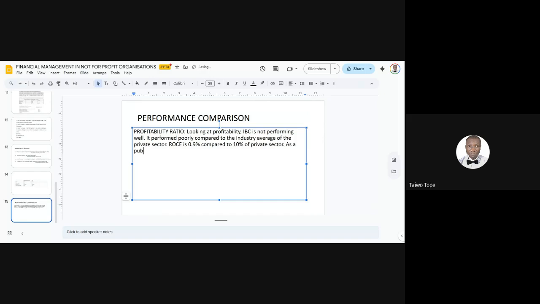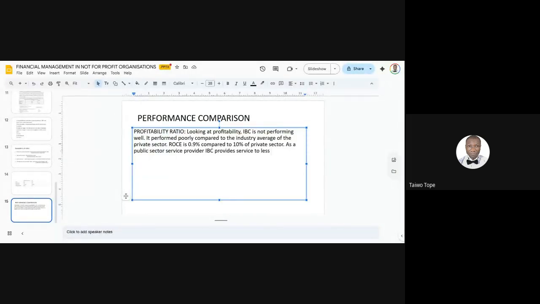As a public sector service provider, IBC provides service to less profitable routes. Since they are out to just satisfy the masses, even when there is one passenger in the bus, they will still go to the route because they are not out to make profits. So that is one thing.